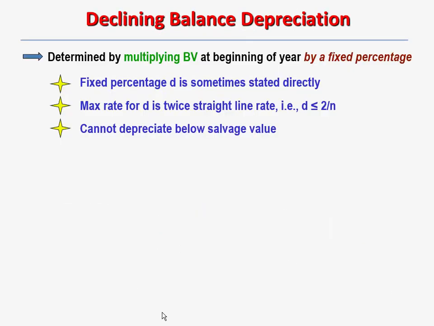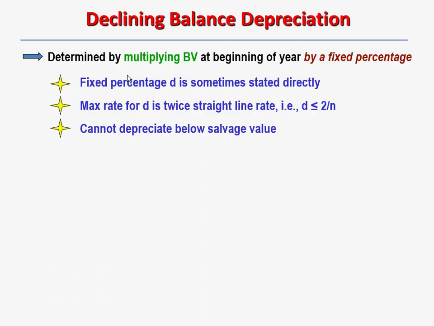Declining balance is a little bit more complicated, but it's still not too bad. Remember, instead of declining by a fixed amount, it's declining by a fixed percentage. And there's a couple of rules about how this works. Sometimes that fixed percentage is stated directly, and sometimes you have to calculate an implied fraction based on a given salvage value.